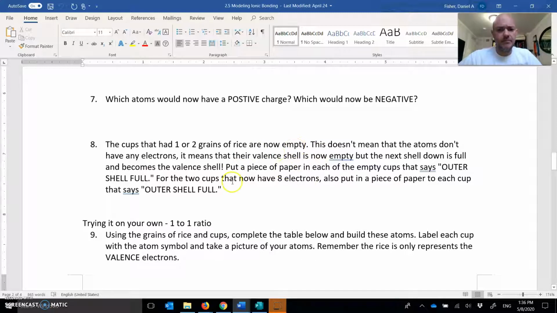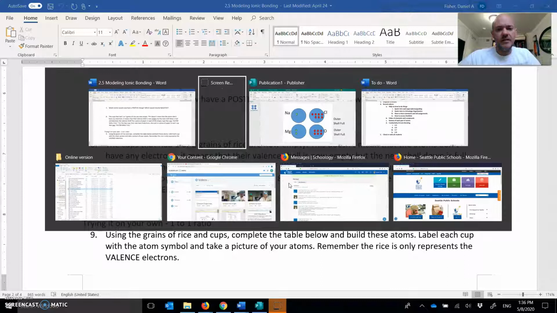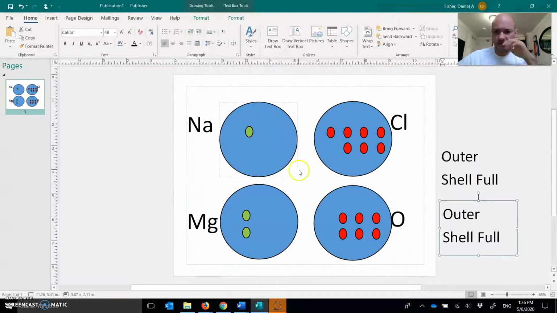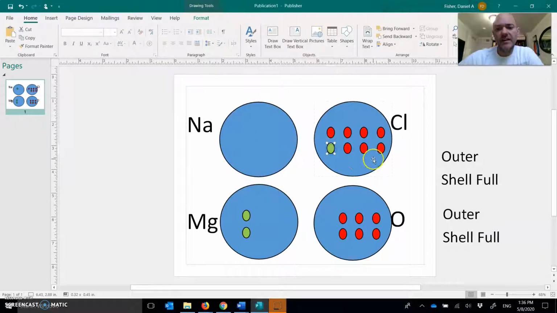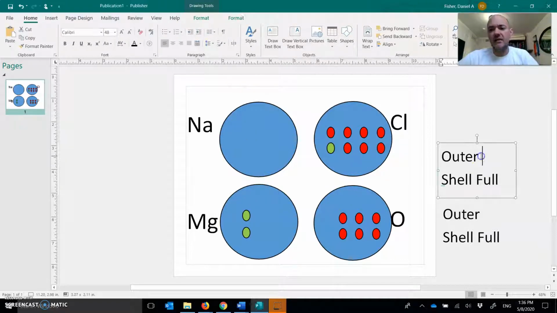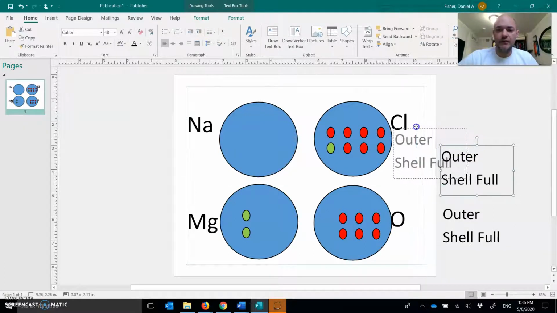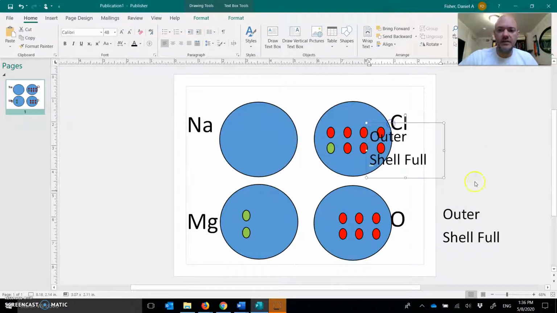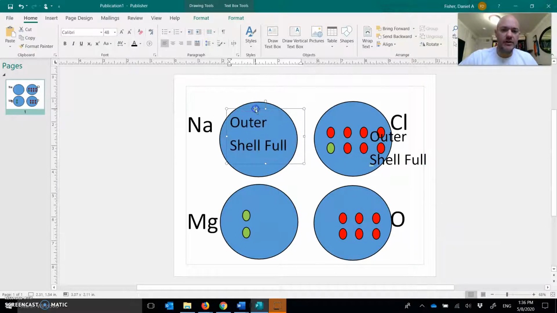So here's what we're going to do. Here's how I'll look at this. If I've got sodium and chlorine and magnesium and oxygen, the most likely thing that's going to happen is this one is going to come over here and be with that. And then now I've got outer shell full for this one and outer shell full for this one, right?